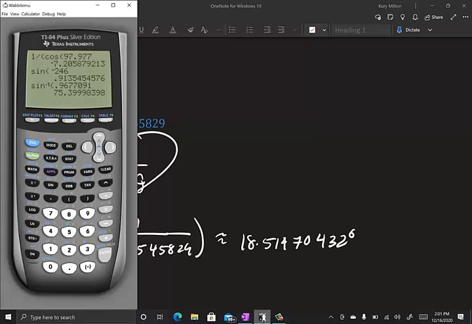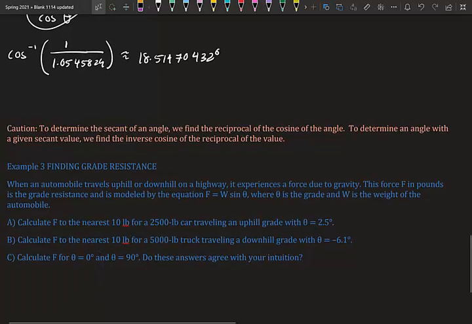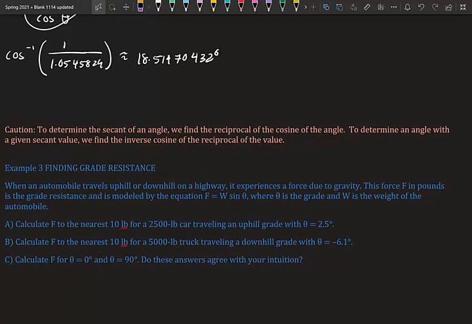And I'll show you how to do that with our calculator. So with our calculator, we have secant, cosine, alpha y equals, enter, 1 over 1.0545829. So one of my biggest cautions: to determine the secant of an angle, we find the reciprocal of the cosine of the angle.